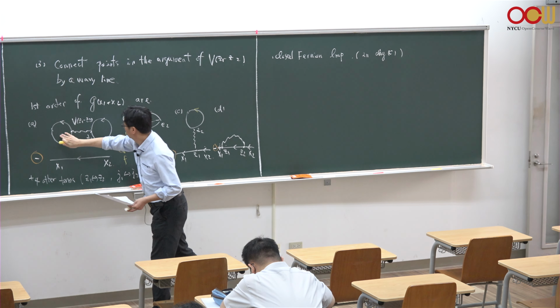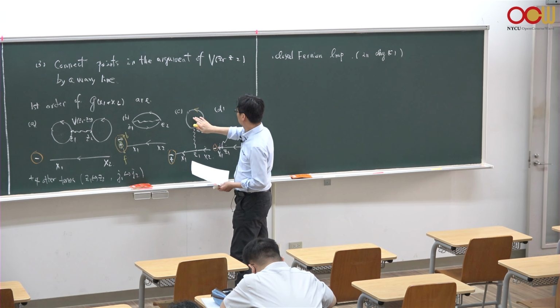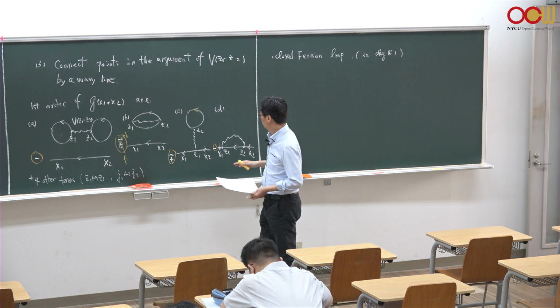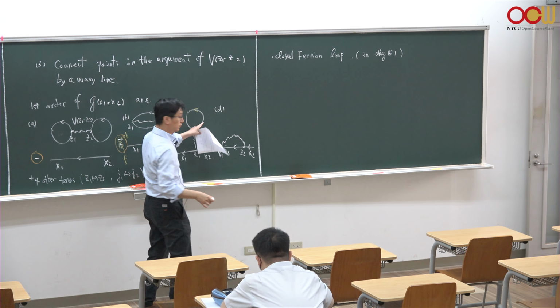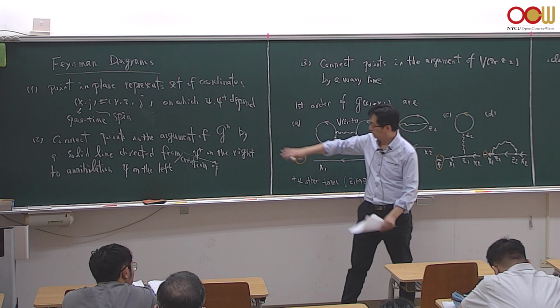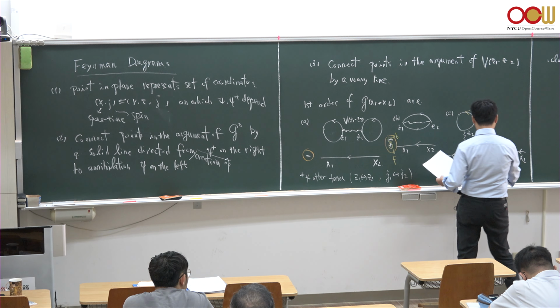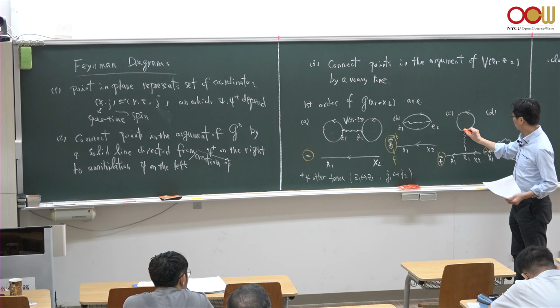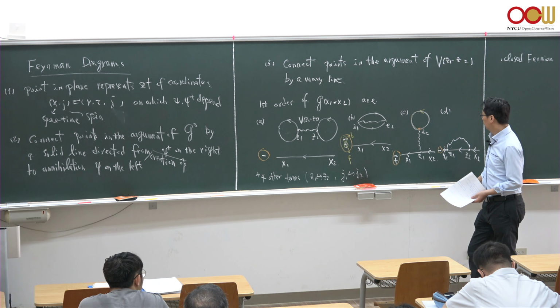So it's for these two loops in diagram A. But for diagram C, we have only a single fermion loop. Remember, this loop is formed by creation-destruction operators that follow Feynman rules where you connect these points. If the points that you connect are actually going to direct you to the initial point, then this forms a closed loop.